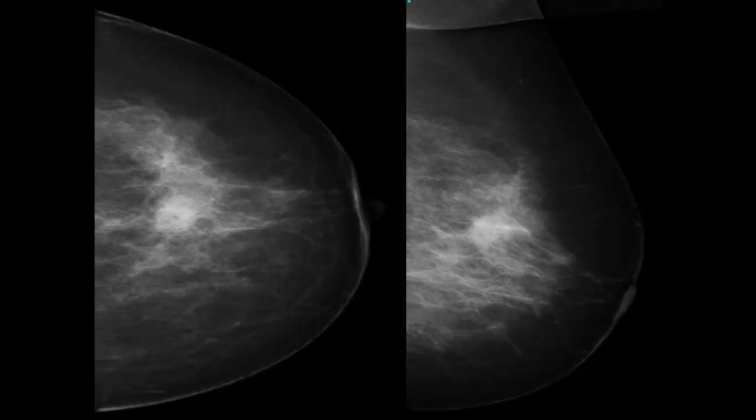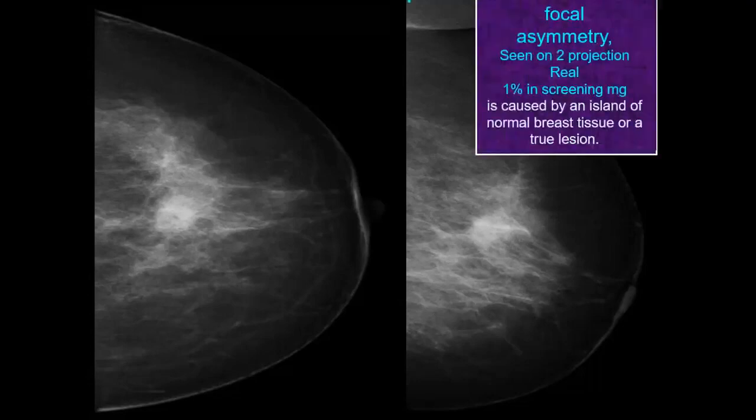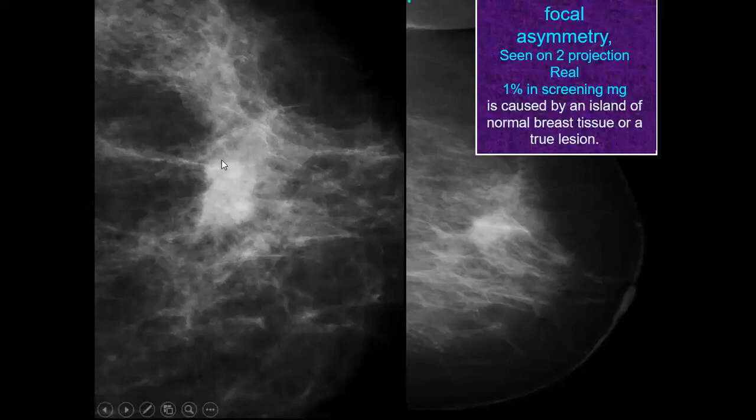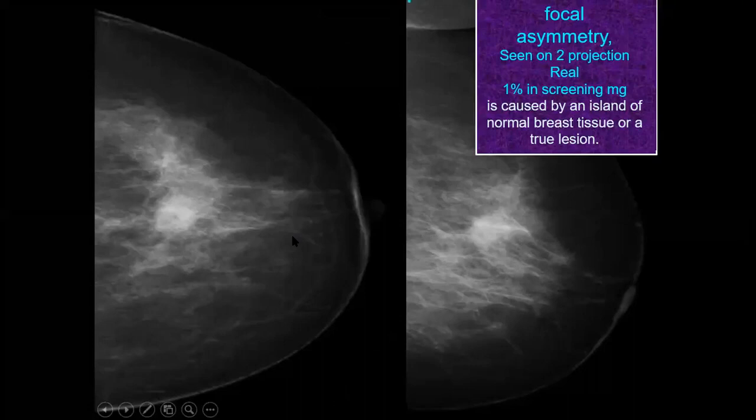We will add more focalized compression to that area to spread the tissue, to make sure whether it is real or not, and to delineate it more to see the morphology of that area. So that is a focal asymmetry, but within which there was a mass. Yes, it is a spiculated mass. At this level, we'll say this is a focal asymmetry.